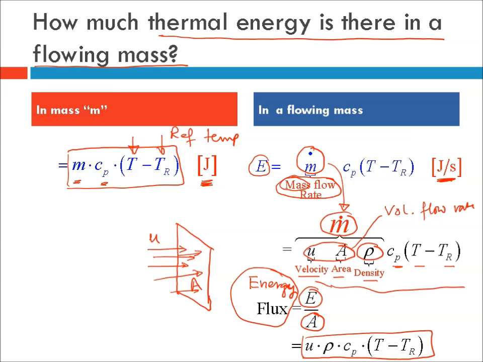If there's fluid flowing through this area A continuously, so more keeps coming, how much energy is it carrying through this area per unit area? That's given by this quantity. So we're going to see that this is really energy flux due to bulk flow: simply because the fluid is moving into and through this area, it's carrying this much energy with it.